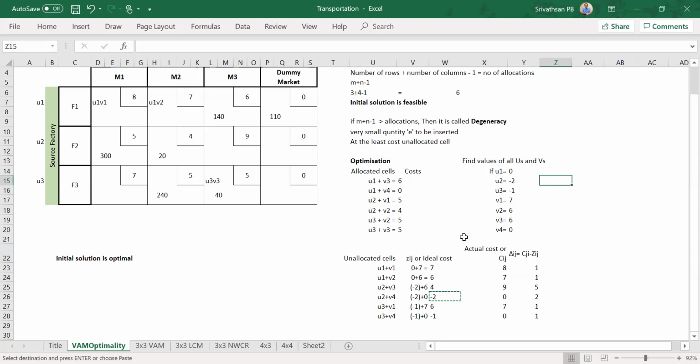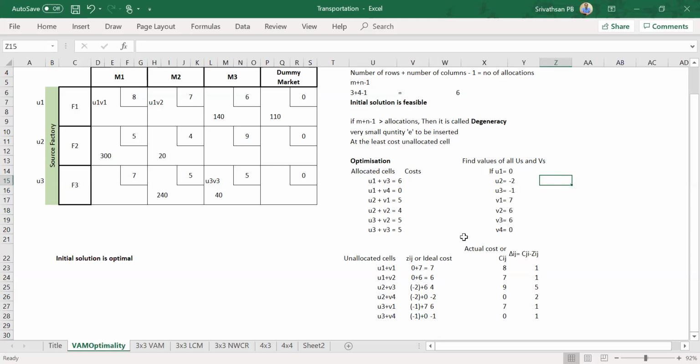Once we found the values of the u's and v's, we used them in the unallocated cells. Again, as an equation, we found out the ideal cost Zij and compared it with the actual cost, termed Cij. Ij refers to row and column reference, so Cij of 8 means C1,1, row 1, column 1.